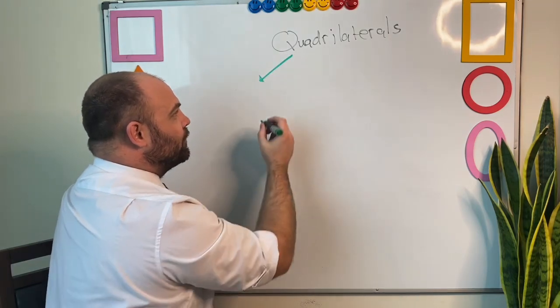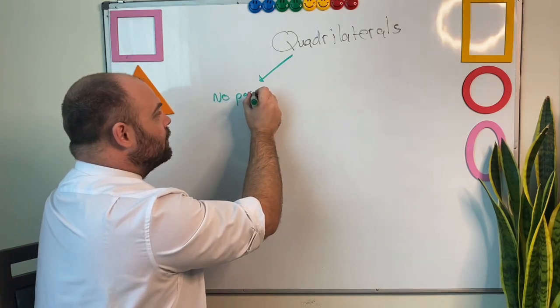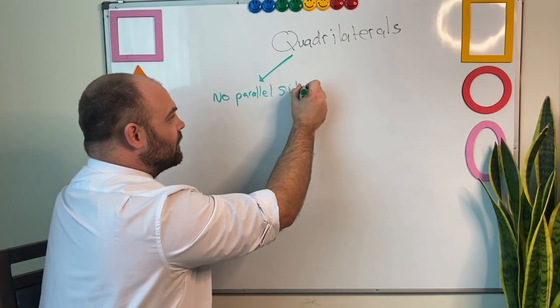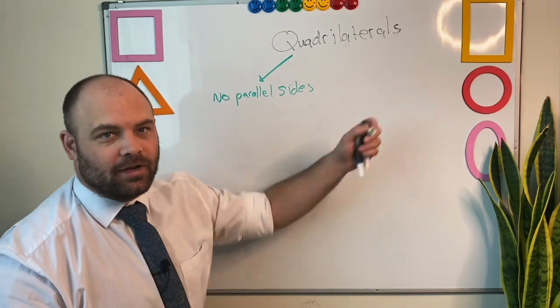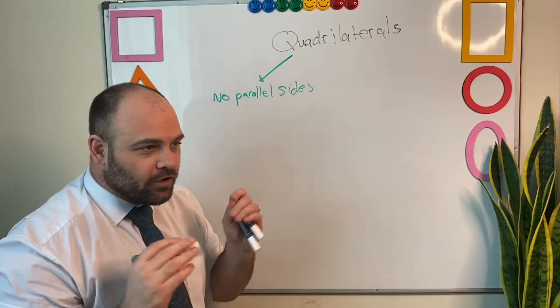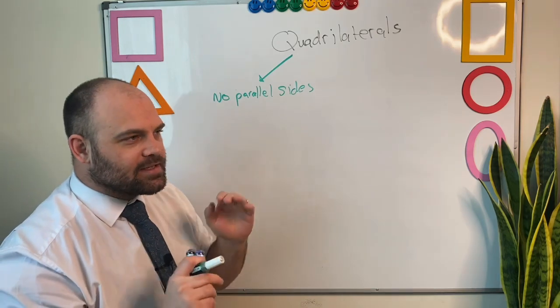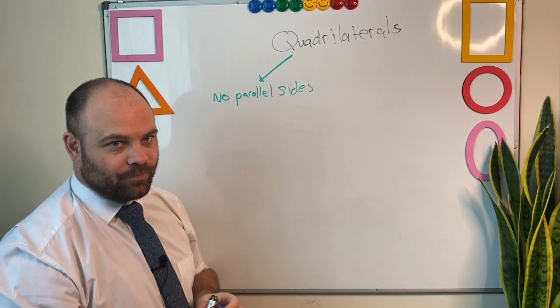So the first one would be no parallel sides. Okay, if it's got no parallel sides, we just call it a quadrilateral. Okay, so if you're looking at a four-sided shape, you know it's a quadrilateral, but it doesn't have any parallel sides, we just got to call it a quadrilateral.